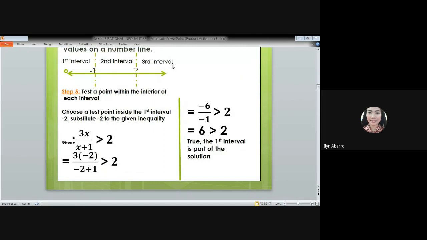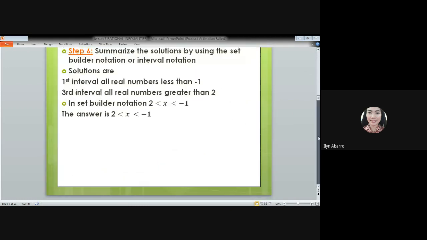Wherein, in our set builder, the solution is greater than 2, but less than -1. So, x is greater than 2 and less than -1.